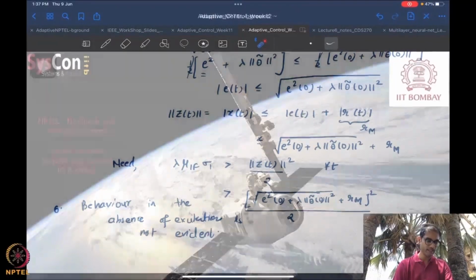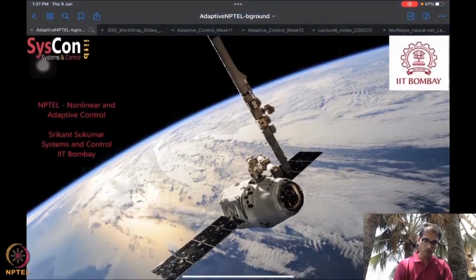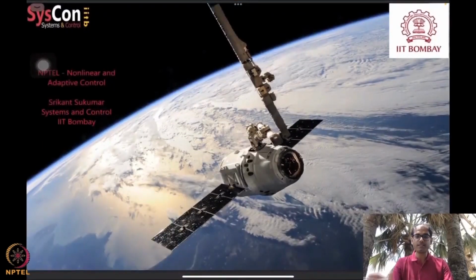All right, excellent. So what we looked at in this session is that we had completed the analysis for the initial excitation based adaptive controller for a single integrator in the previous session. We wanted to have a discussion of what the properties of this are. We looked at a few rather interesting features.